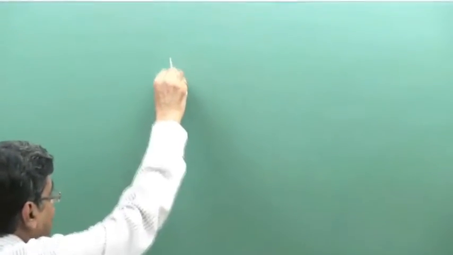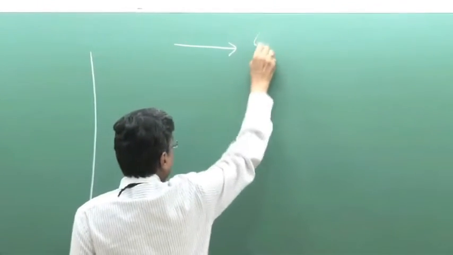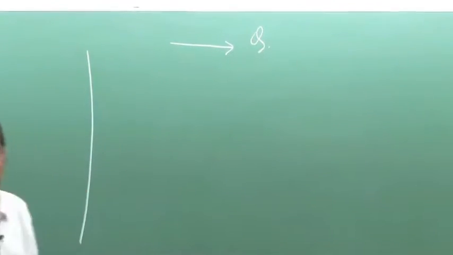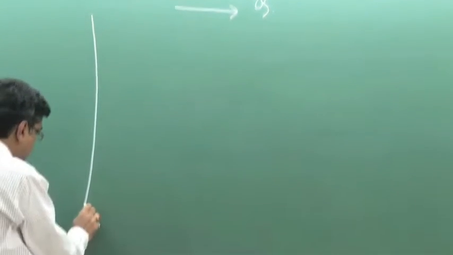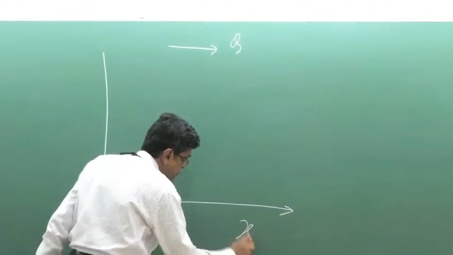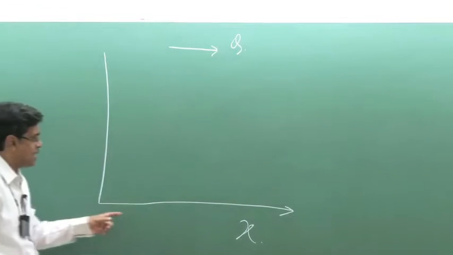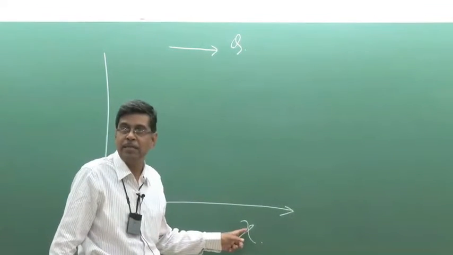Let us think in this way, let us consider a direction of heat flow Q. Q is flowing in this direction and we prescribe this direction as x, a spatial coordinate.